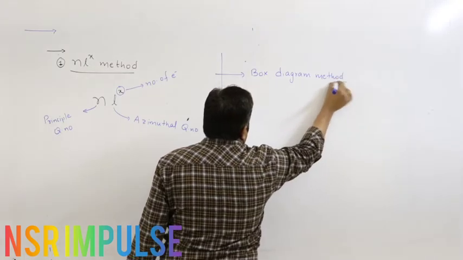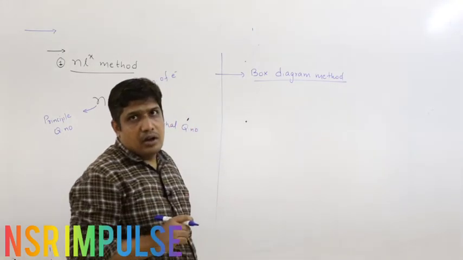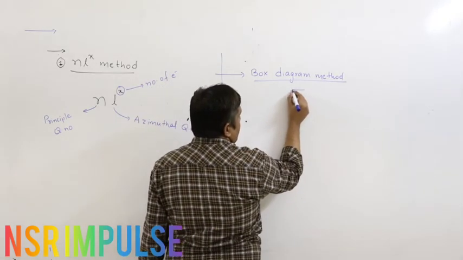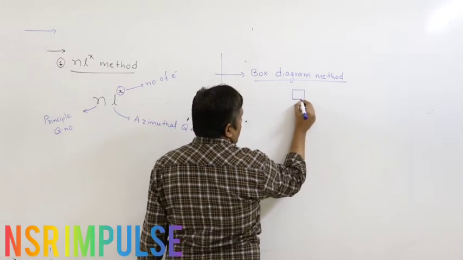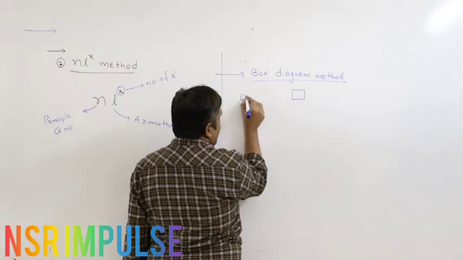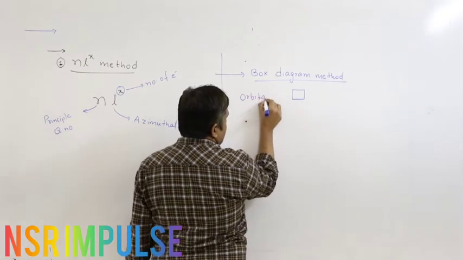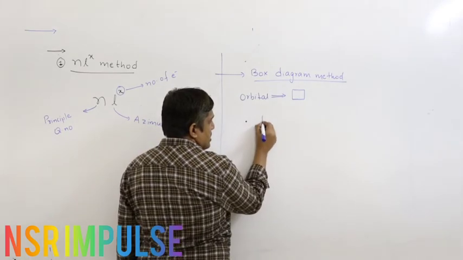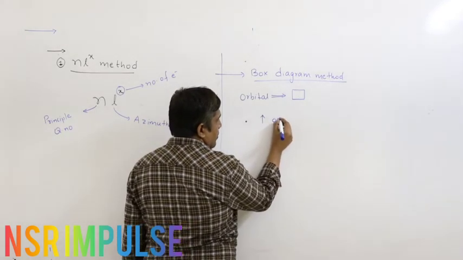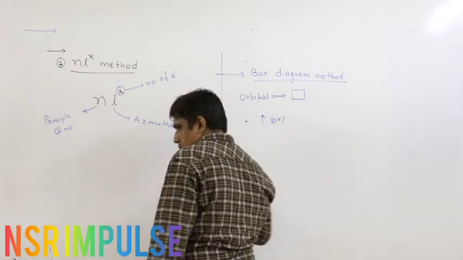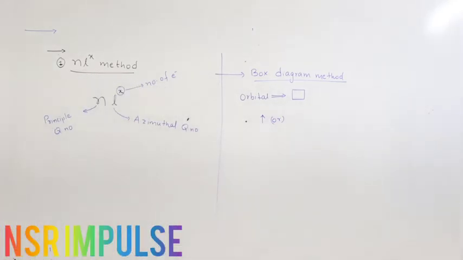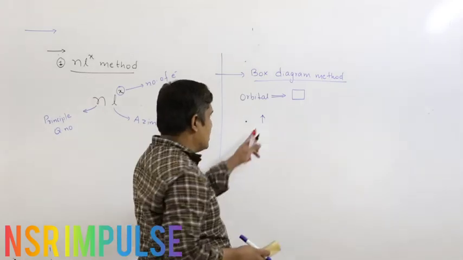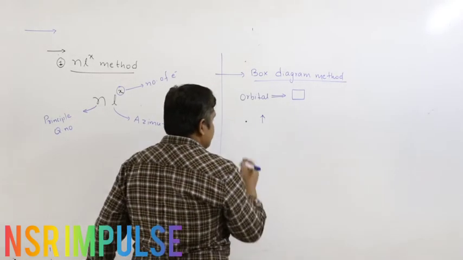In this method, each orbital in a subshell is represented as a box, and electrons are represented with an upward arrow or a half arrow.